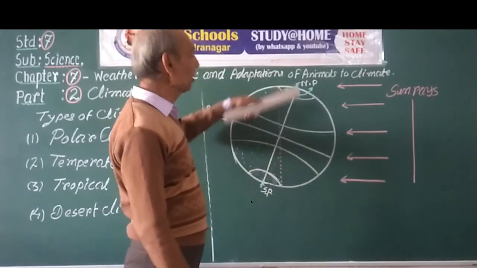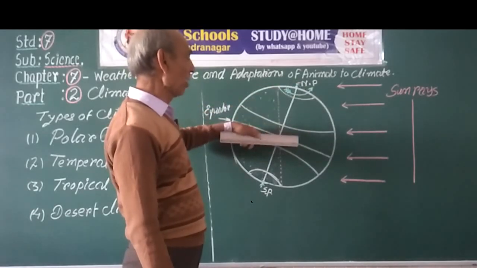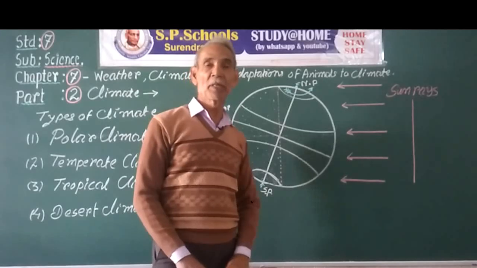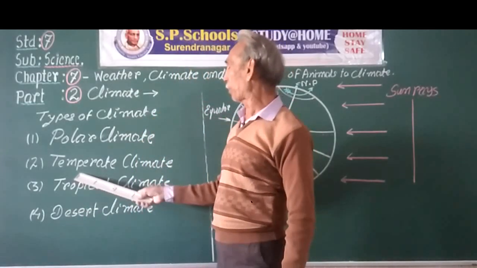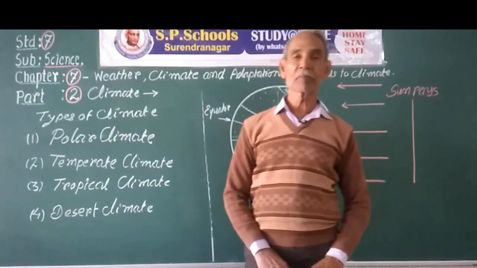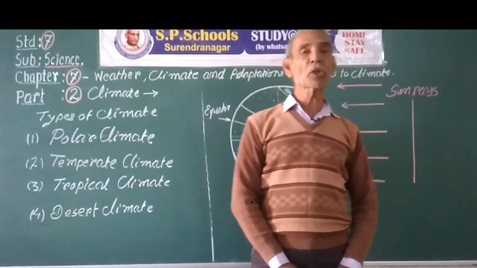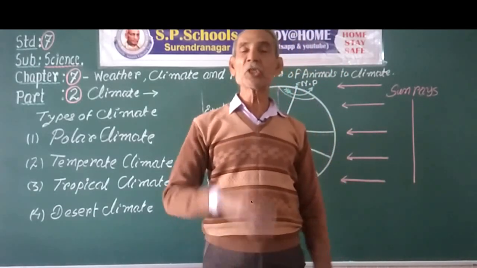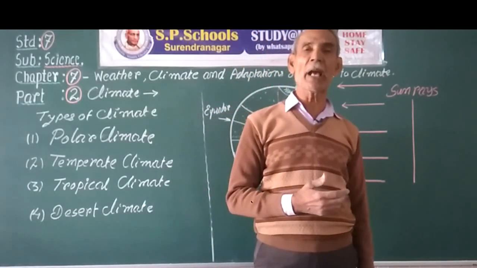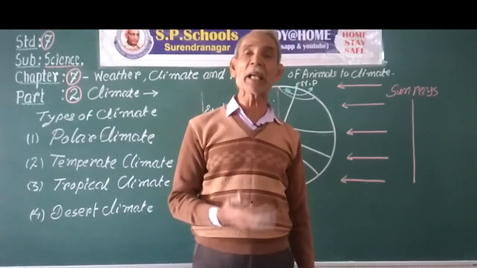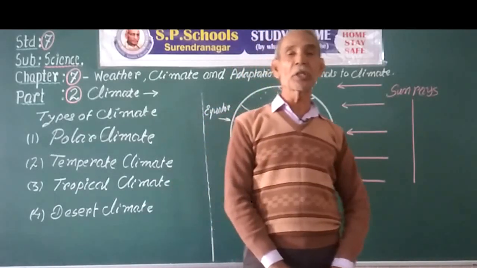Now, the region between these two, the colder region and the hot region, is a temperate zone. We call it temperate climate. In temperate climate, during the course of the year, there is not very severe cold as in polar regions, neither strong heat as in equatorial regions.